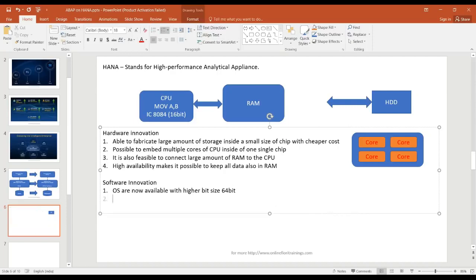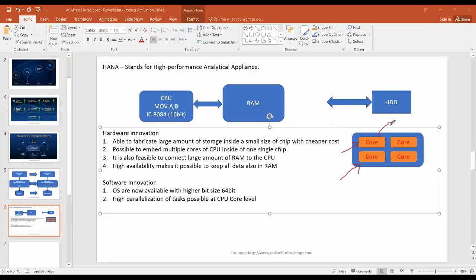High parallelization of tasks is possible at CPU core level. It is possible to design a system which allows you to do parallel processing, making optimum utilization of all the cores of the CPU. For example, if I write a query to select 4 columns from a database table, I can divide that selection across all 4 cores.